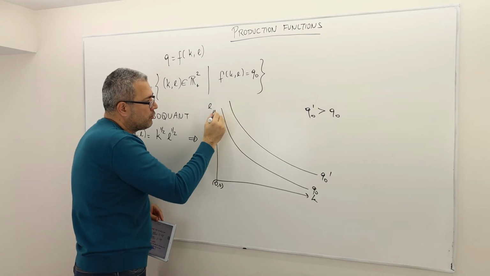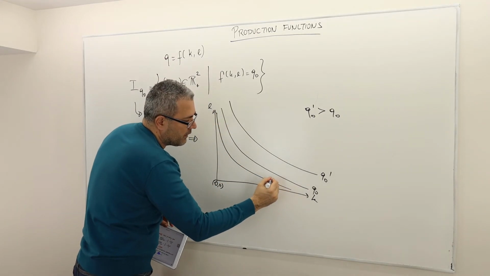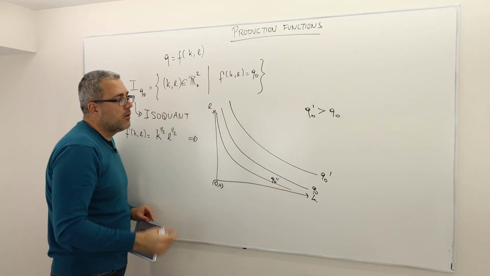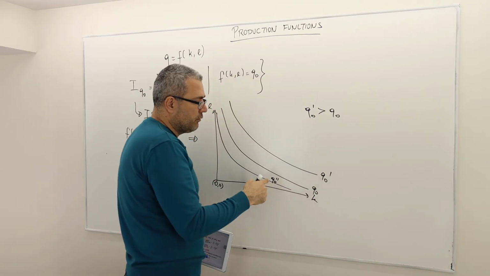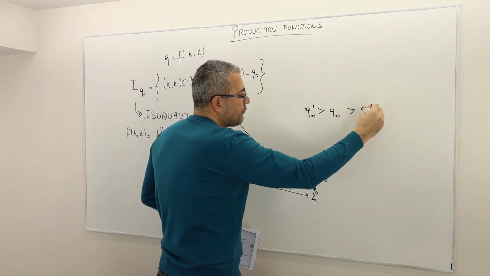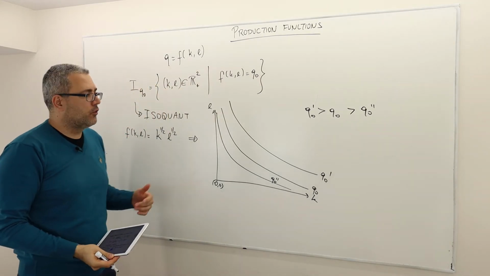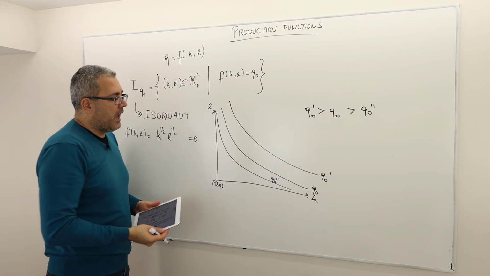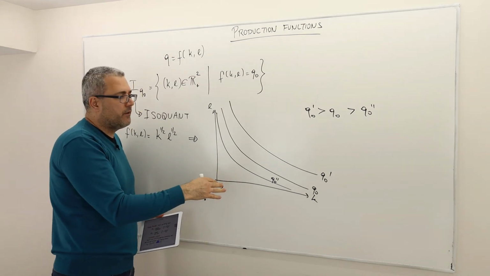So if you are drawing an isoquant, let's call this Q0 double prime. What is the relationship between Q0 double prime and the other two? Basically, it's the lowest amount of output. So as you get closer to the origin, it means a lower level of output.